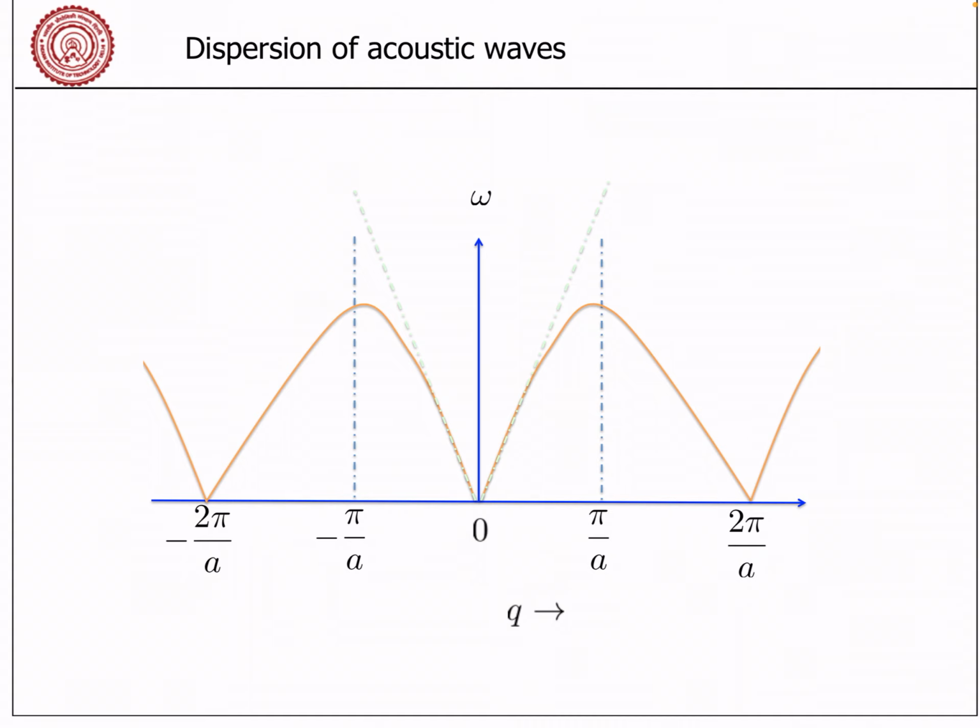maximum omega. And then this oscillates, so at q equal to 2 pi by a, that sine becomes sine pi, which is 0. So you do not have any phonons for this particular value. So two things you can see here.